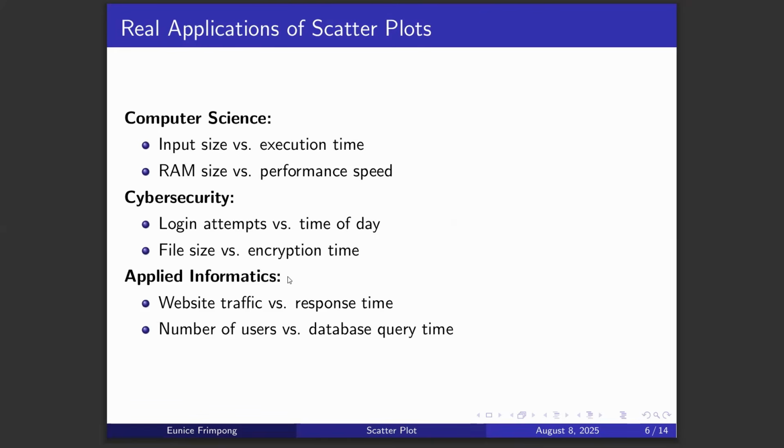In real life applications, we can have input size versus execution time, or RAM size versus performance speed. We can also have login attempts versus time of the day, file size versus encryption time. You could also be checking website traffic against response time, or number of users against database query time.